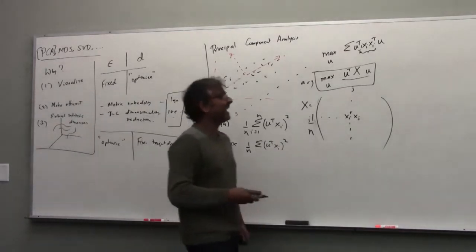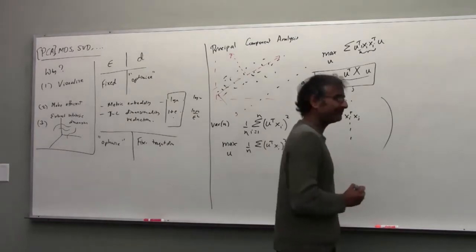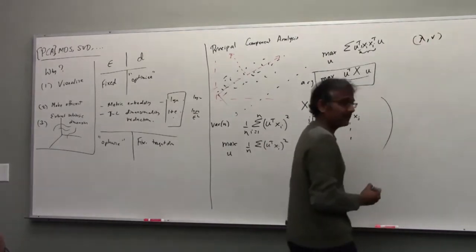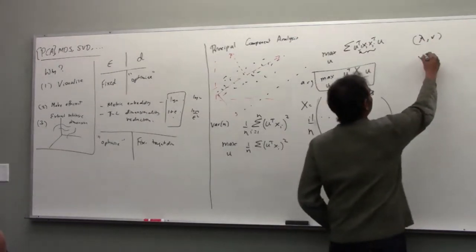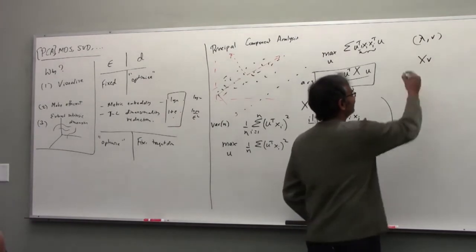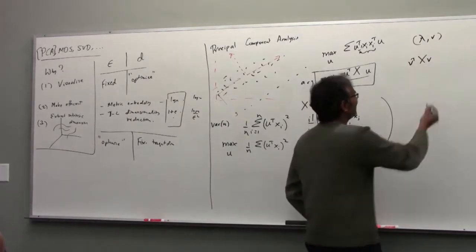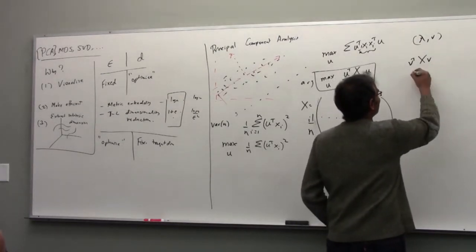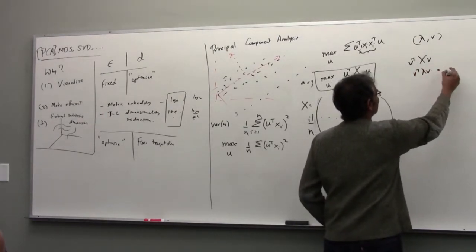Why? Let's take any eigenvector of X. Let's say we have a lambda, v eigenpair. So what is X times v? By definition, lambda v, right? Assume this is normalized, so it's a unit vector. So you get v transpose lambda v, which is equal to lambda.